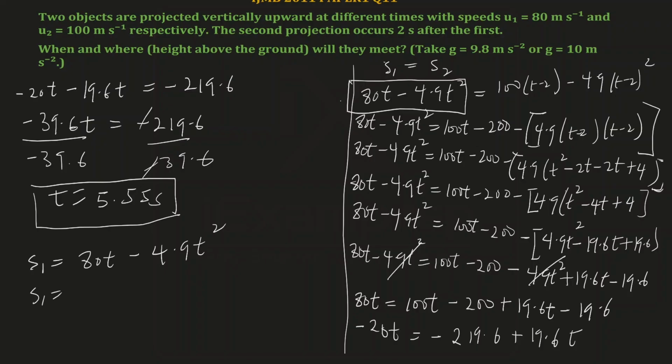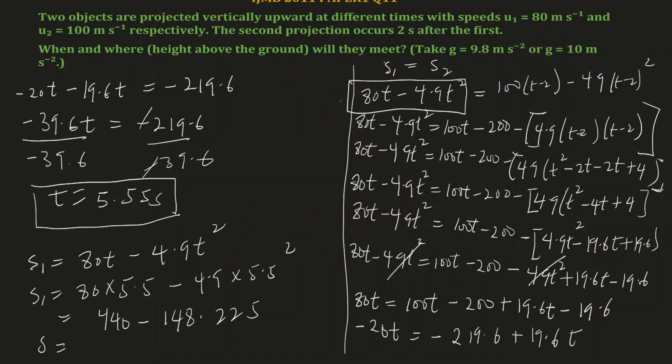So s1 will be 80 times 5.5 minus 4.9 times 5.5 squared. 80 times 5.5 will give 440, minus 4.9 times 5.5 squared, which is 148.225.